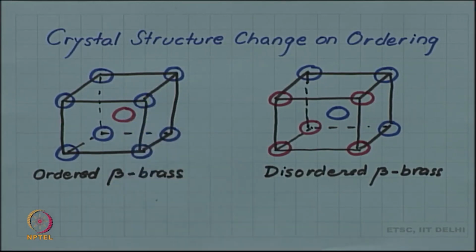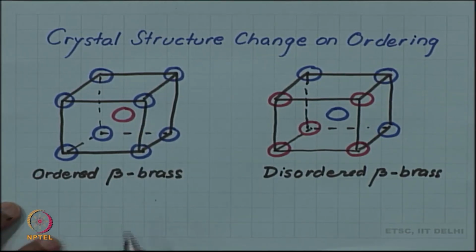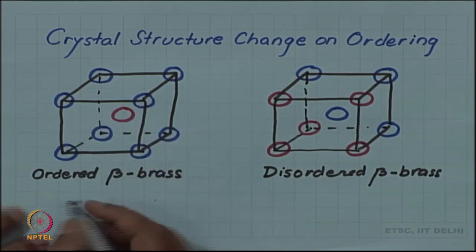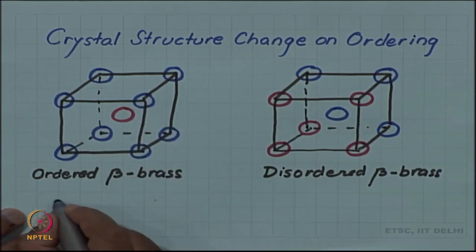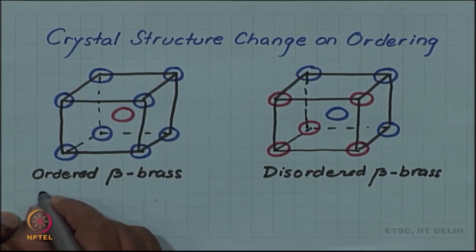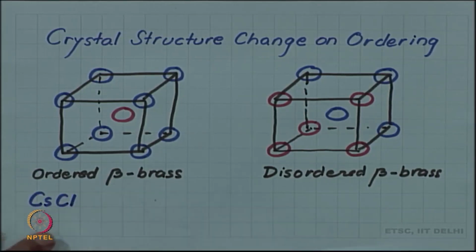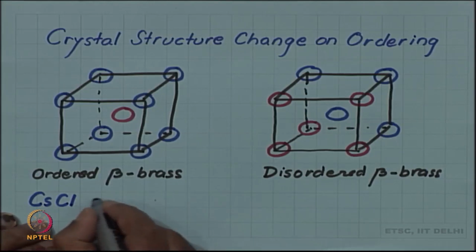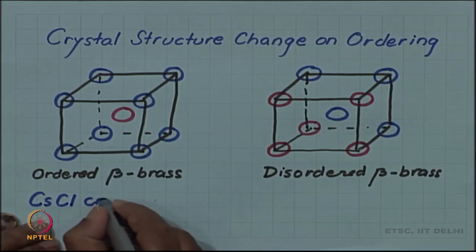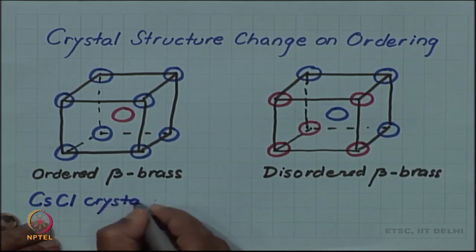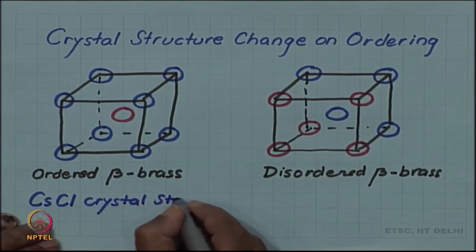We have done this exercise before when we were discussing crystal structure. So, we will have to call the lattice of this structure simple cubic. The structure name itself is the cesium chloride structure, because cesium chloride shows this kind of structure.